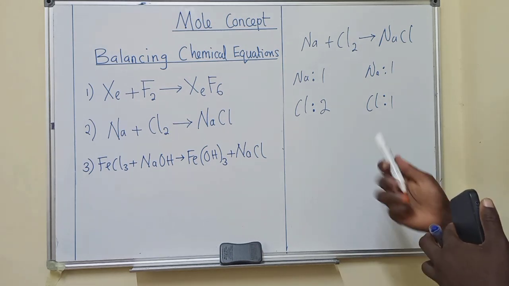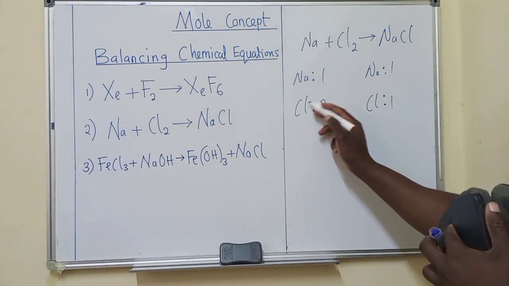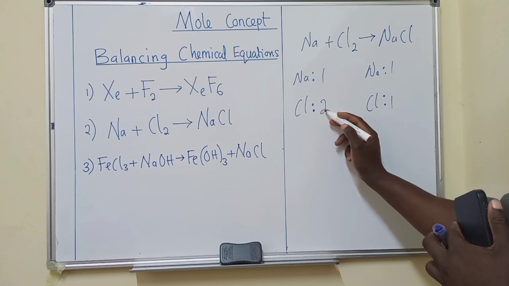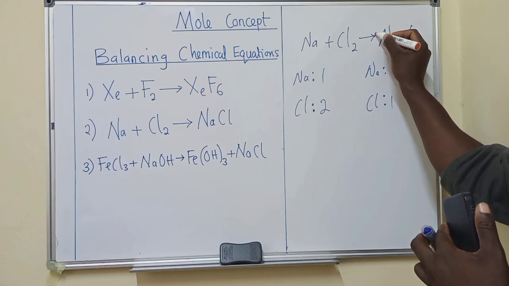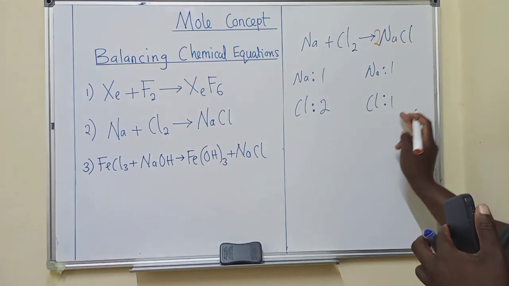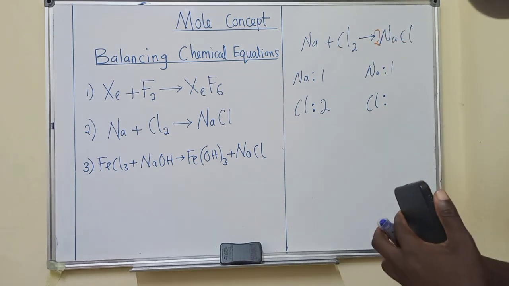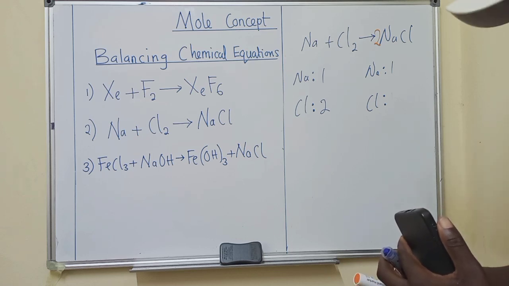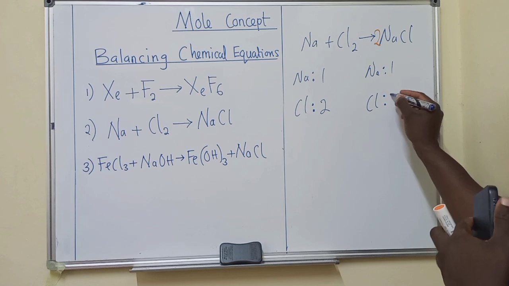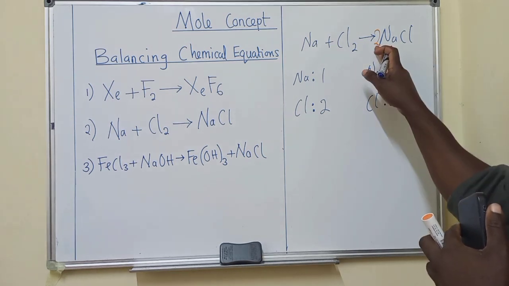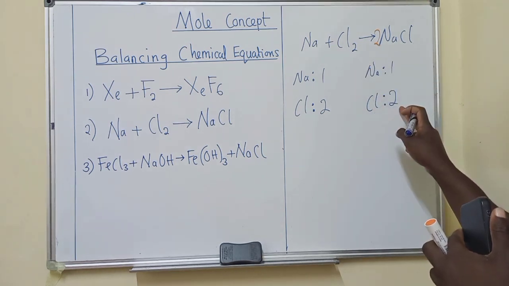So what are we going to do? We have chlorine here with 2 atoms, so we need to have 2 atoms on the other side. We'll put a 2 in front of NaCl.